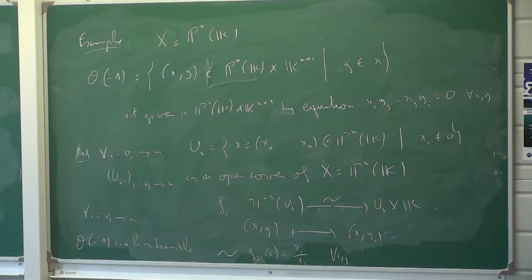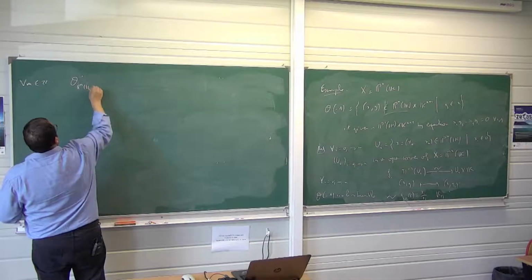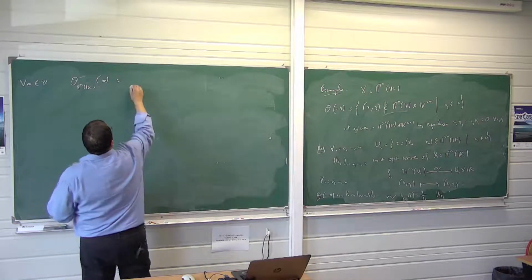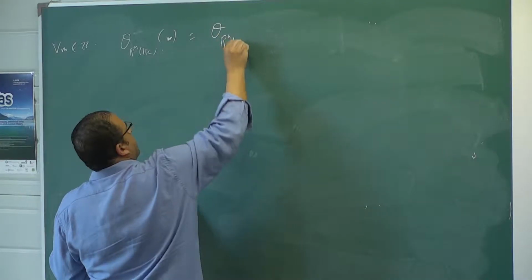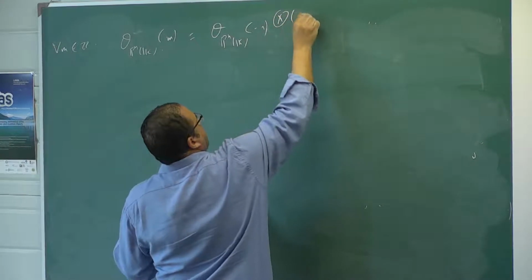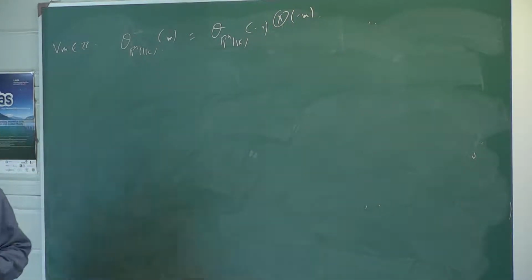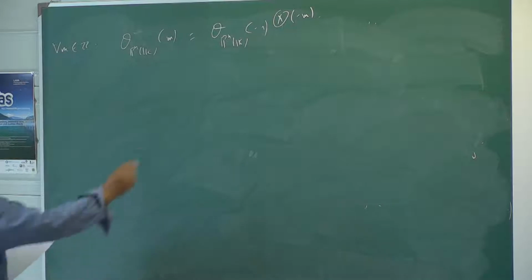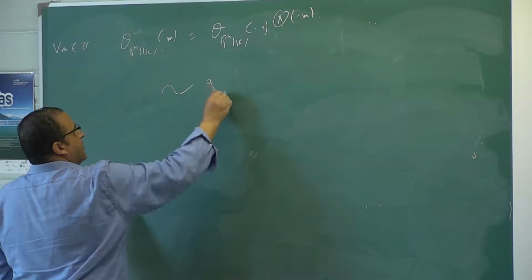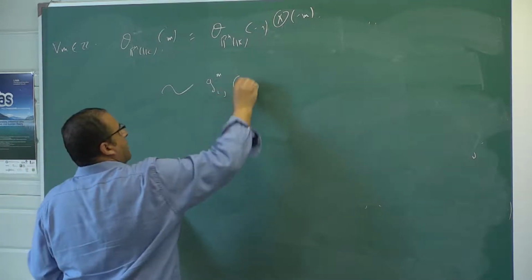And now for any m in Z, we can define O_{P^n(k)}(m) as the tensor product of O_{P^n(k)}(-1) to the tensor power minus m. And this is a line bundle, and the trivializations are given by this formula.